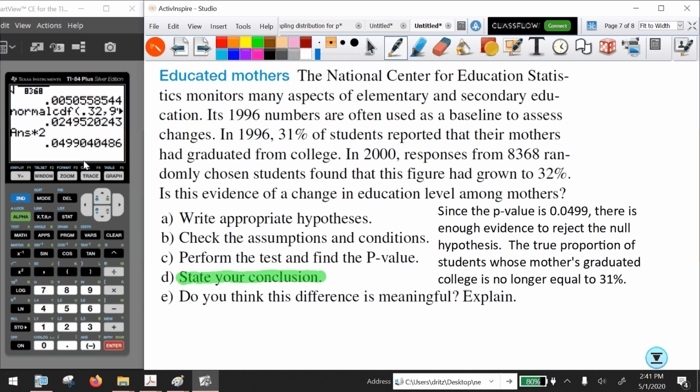So because our p-value is less than 5%, I would say the results of this test are statistically significant. There's enough evidence to reject the null hypothesis. But in terms of the difference in the percent of mothers who graduated college being meaningful, that's another question. I don't think it's really a meaningful result since it's such a small change.